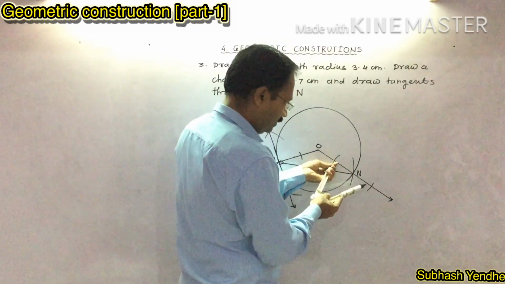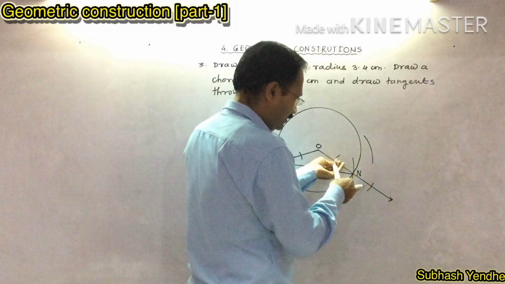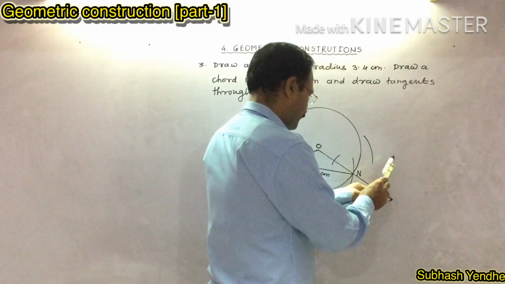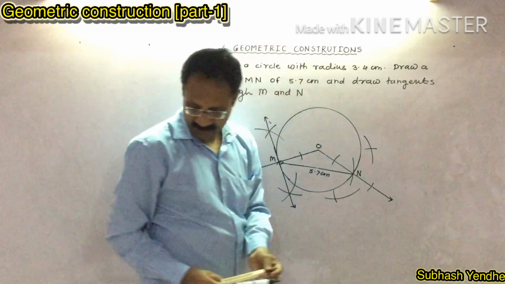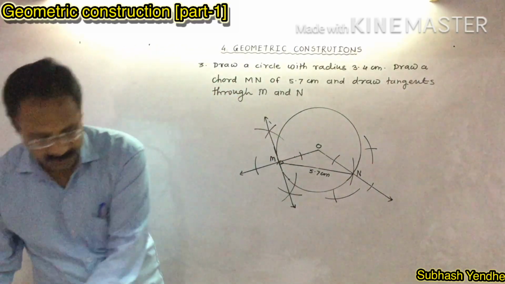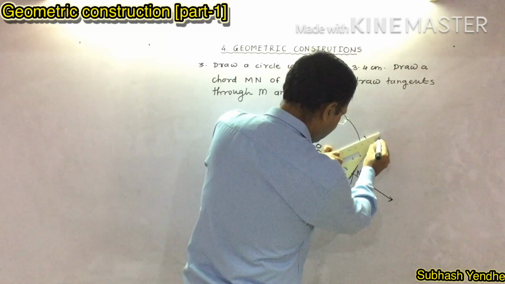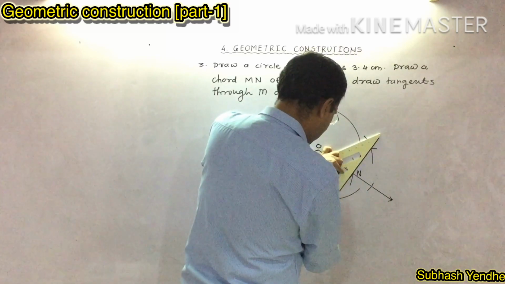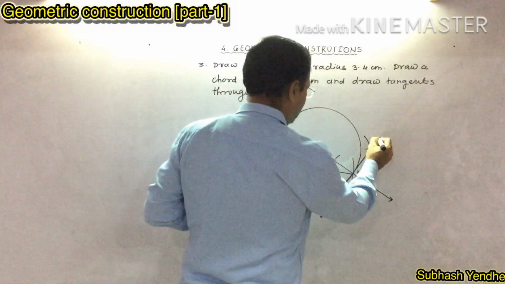Then put the point on that arc at more than half distance and make the two arcs. Again put it here, make the two arcs on both sides, and then join these two. So you get the tangent. Join it very clearly. So this is our another tangent.